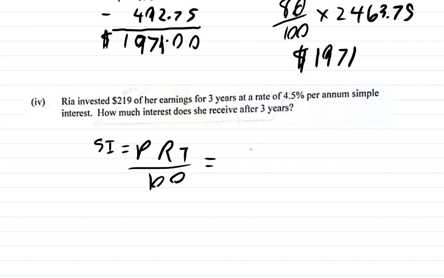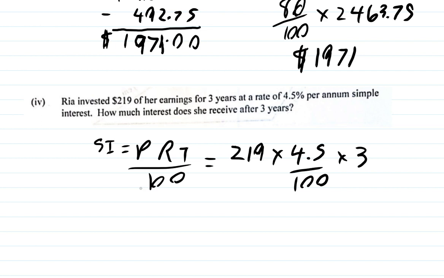And in this case, you say the principal is going to be $219 times the rate of 4.5%. That's how the over 100 comes in. Times 3 years. Alright? Or you could calculate for 1 year and just multiply by 3.